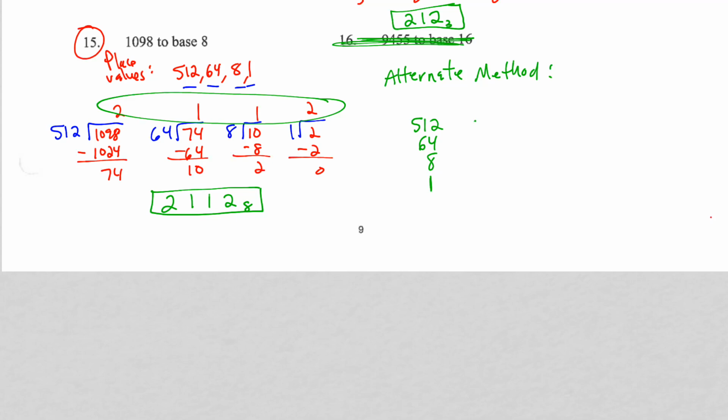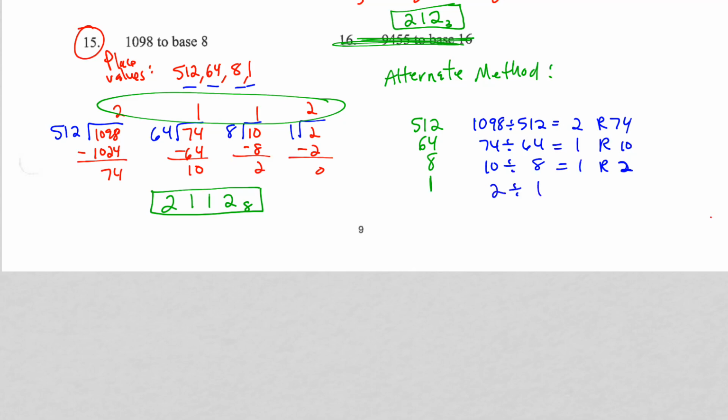So we take 1098 divided by 512, and that equals 2 with a remainder of 74. And then 74 divided by that 64 is 1, remainder 10. And then that 10 divided by the 8 is 1, remainder 2.